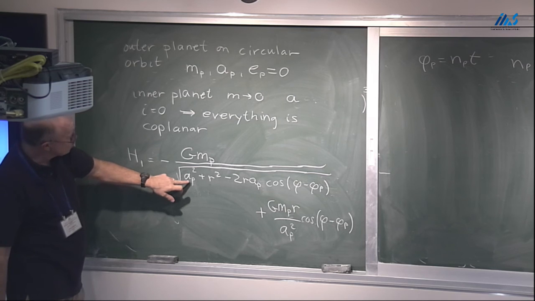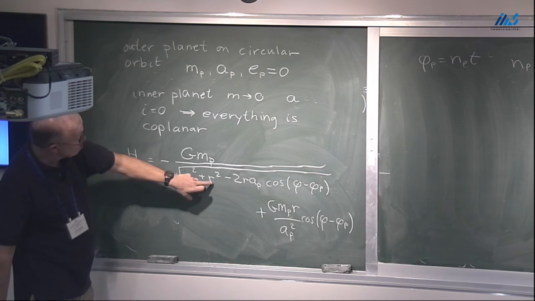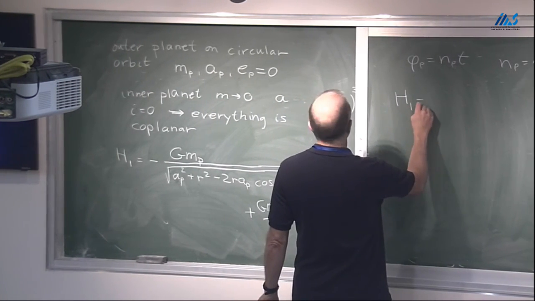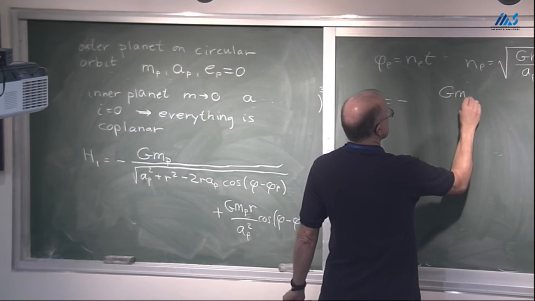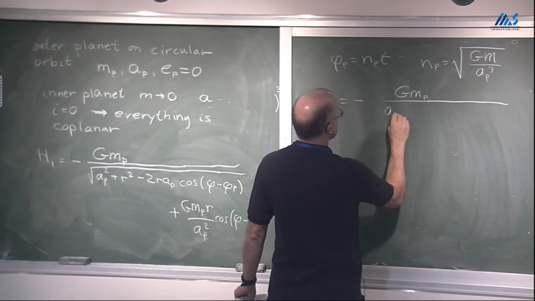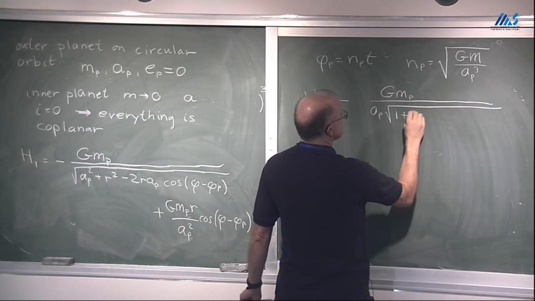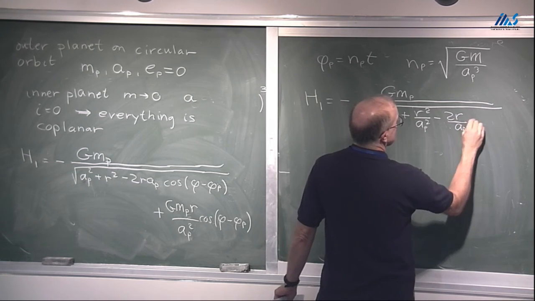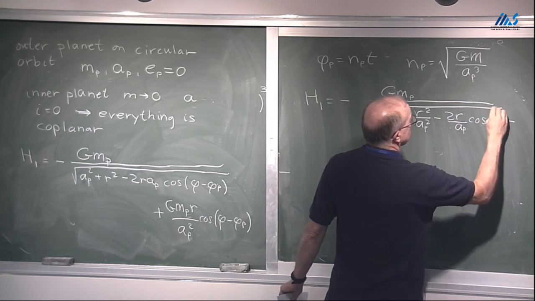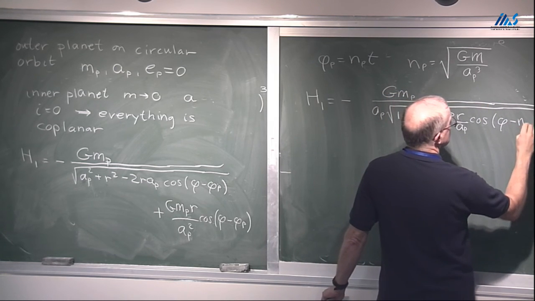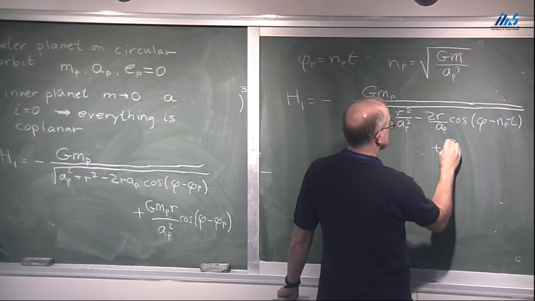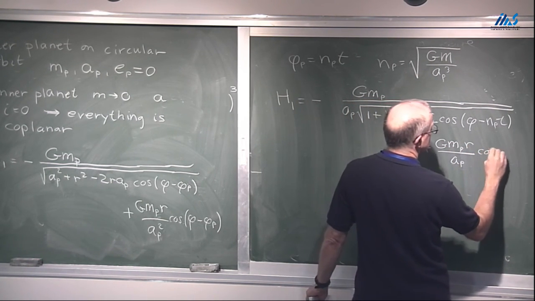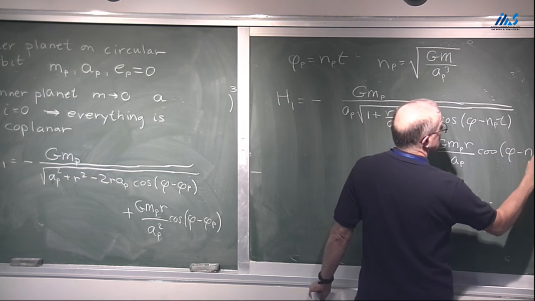But because I'm going to assume the orbits don't cross, so AP is bigger than r, that means I can take this out of the square root: G MP over AP times the square root of 1 plus r squared over AP squared minus 2r over AP cos(phi minus n_p t), plus G MP r over AP squared cos(phi minus n_p t).